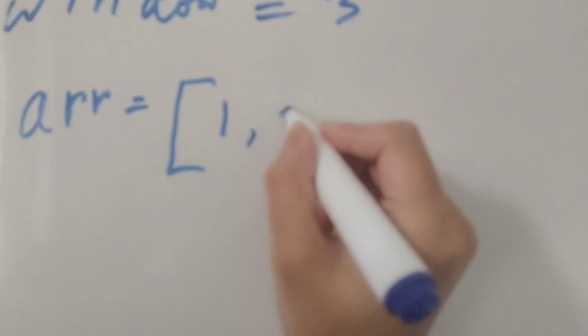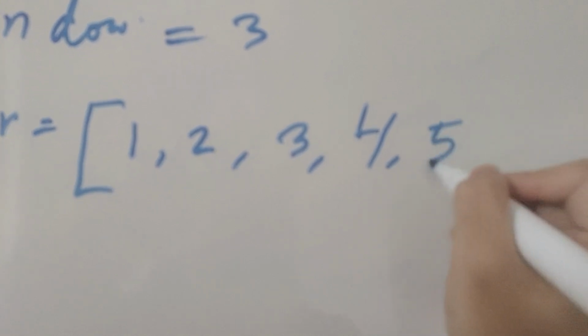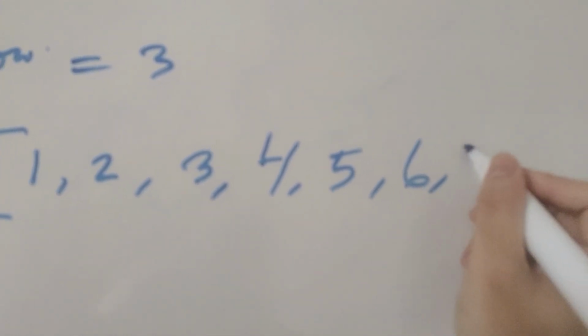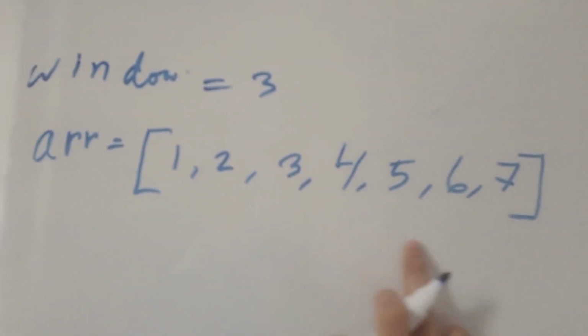We can define its size here: 1, 2, 3, 4, 5, 6, 7. The length of our array is going to be 7, right?